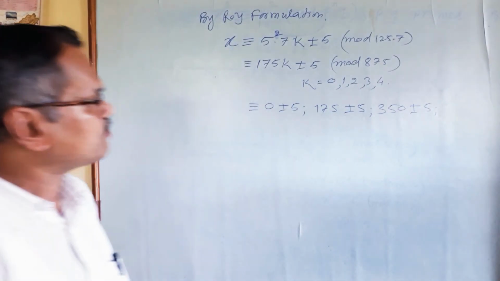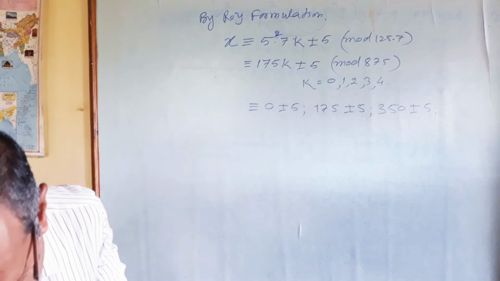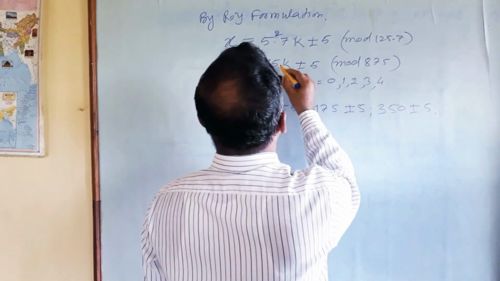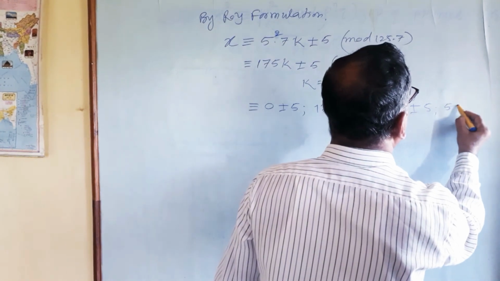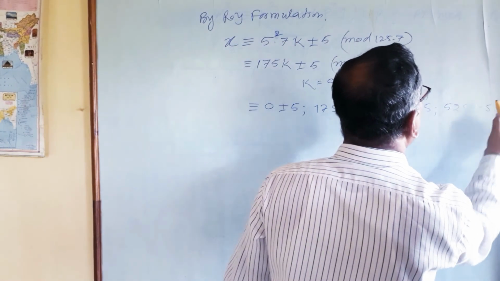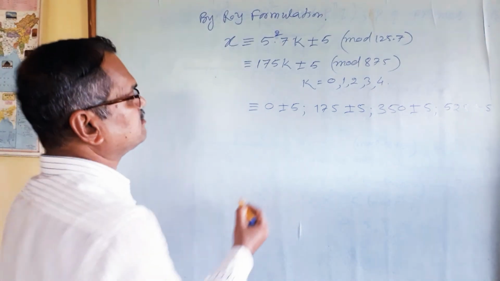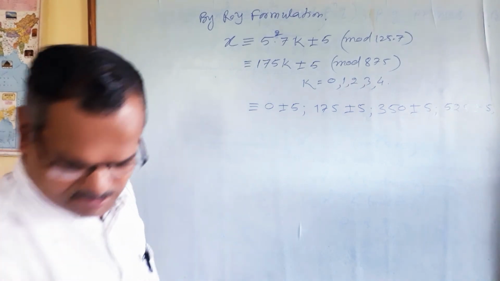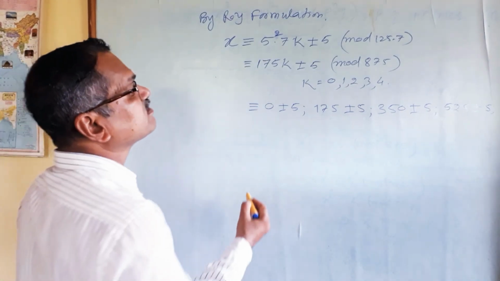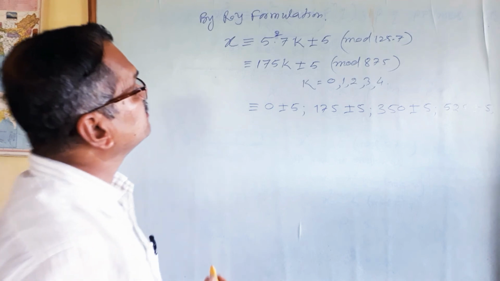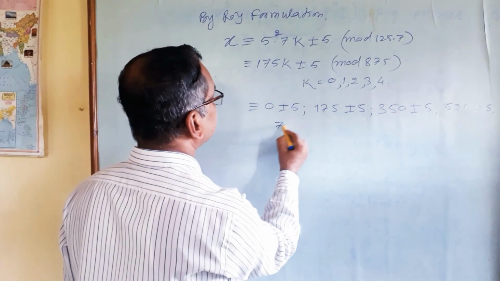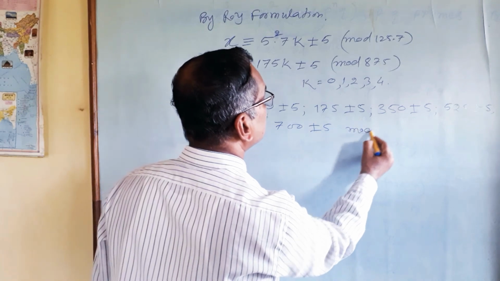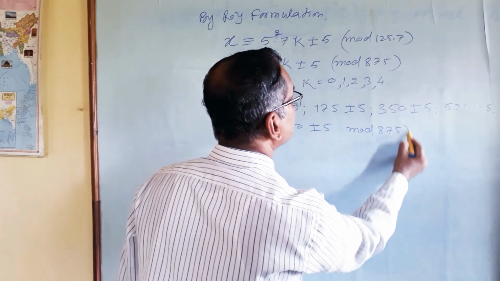For k equal to 3, it is 525 plus minus 5. And for k equal to 4, it will be 700 plus minus 5, mod 875.